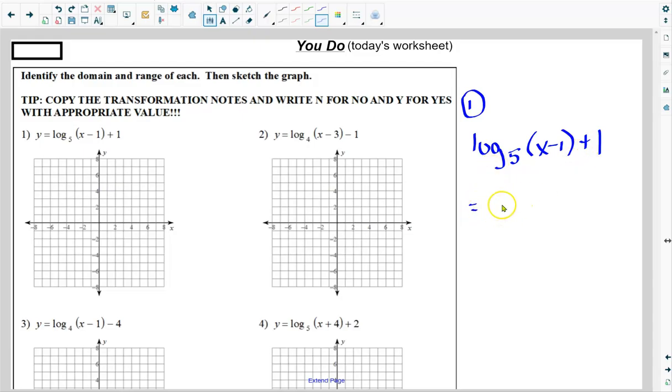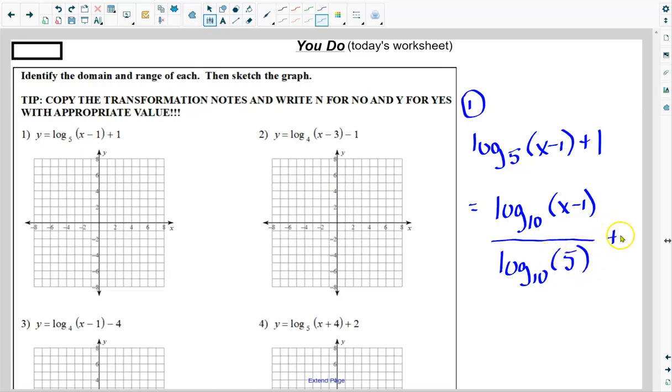Now this is going to equal, using the change of base formula, log, we like base 10, the calculator at least works with that, of x minus 1 over log base 10 also of 5, and way out here we'll put plus 1. This is going to allow you guys to put in the calculator and perform these requests, in this case these transformations from yesterday, those attributes. We're going to go ahead and pause it there, and we'll take care of any questions, comments, or concerns in class.